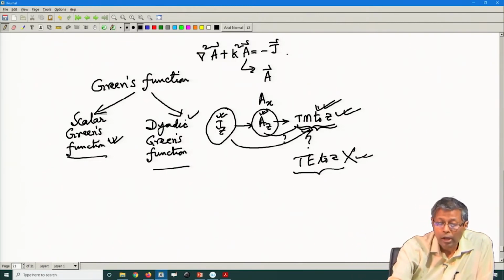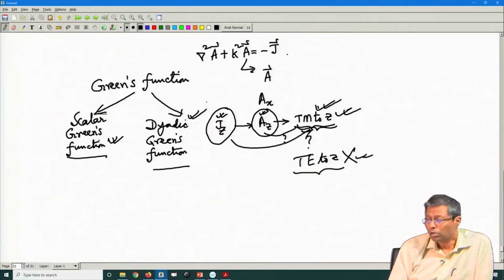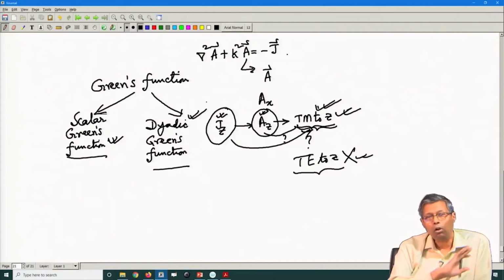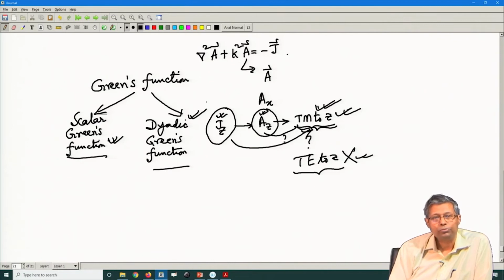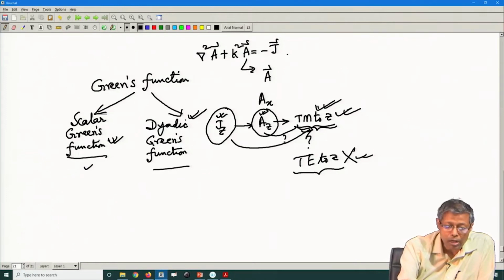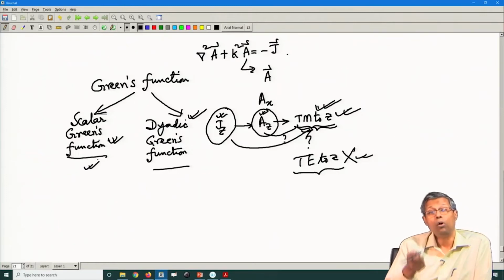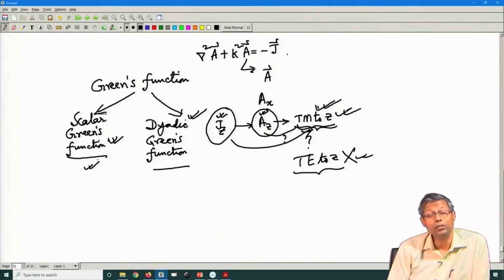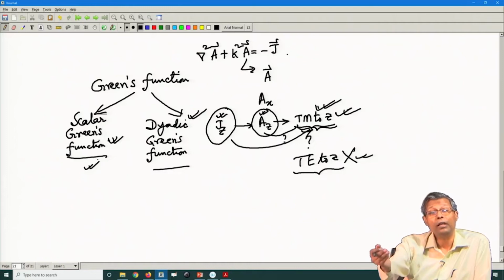The people working on the dyadic Green's function group do not care about this behavior. Given a source, they will evaluate all possible modes, and the reason they would do that is that their code will become much more general. So, now if my source polarization changes, the scalar Green's function group will have to recompute the fields, because all the modes which I might have neglected before now have to be computed.